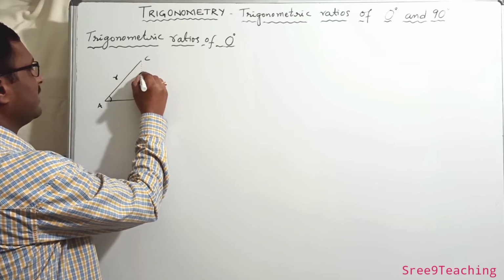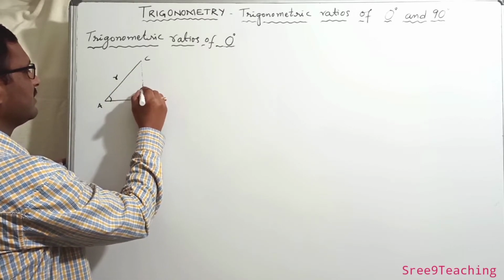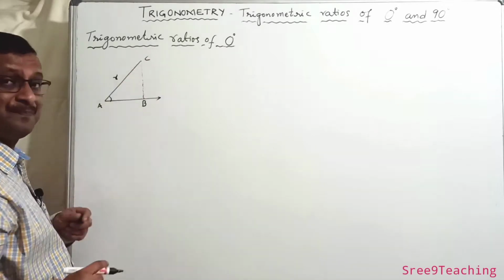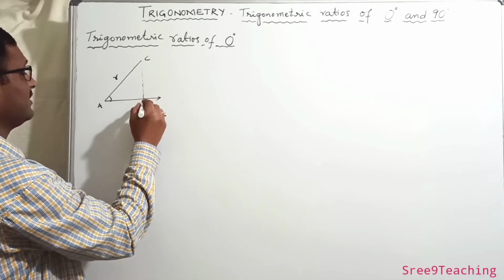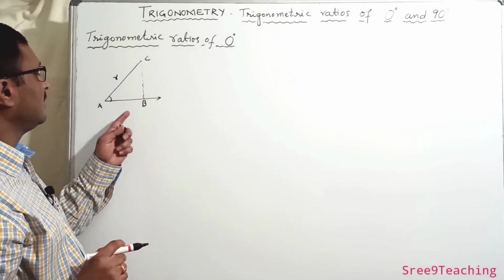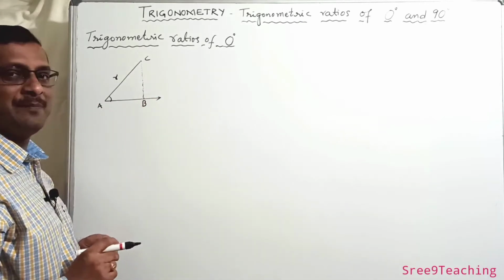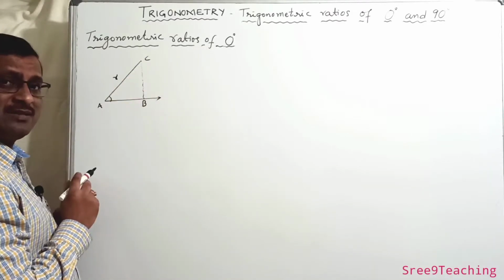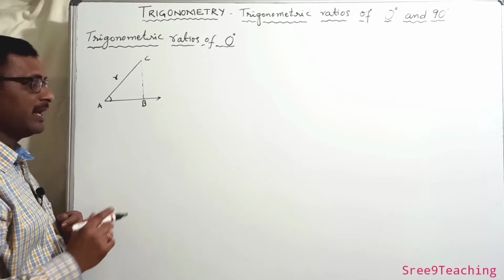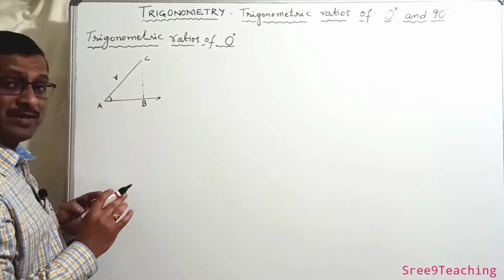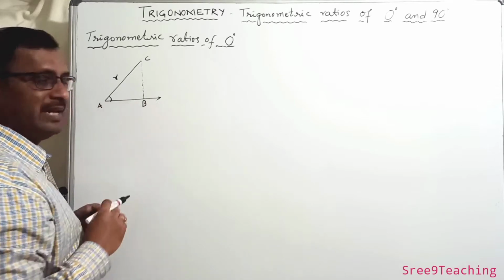This line segment has a perpendicular, say BC, which is drawn to the ray, where B is the foot of the perpendicular. AC is the line segment of length R and it is making an acute angle A with the horizontal ray AB.